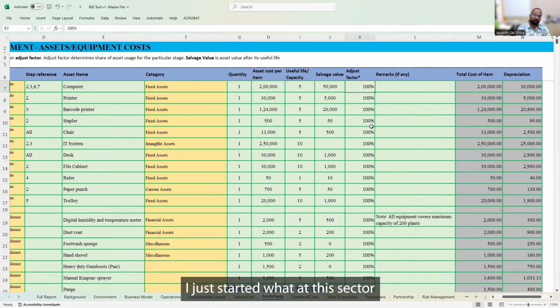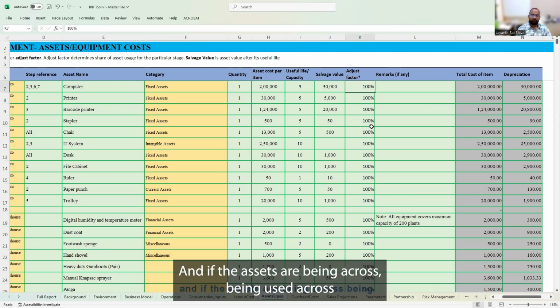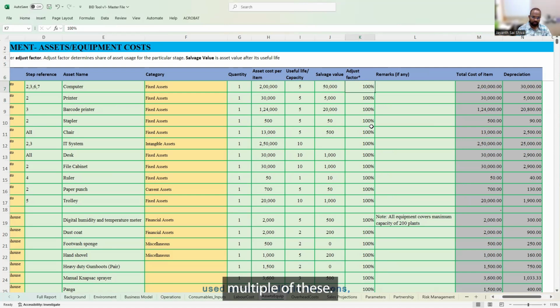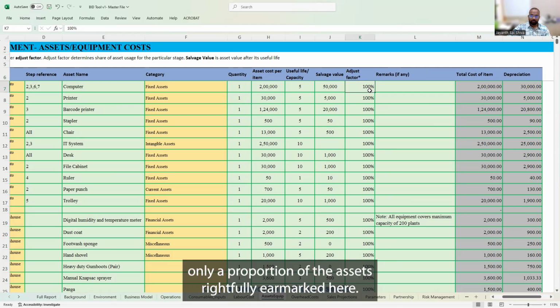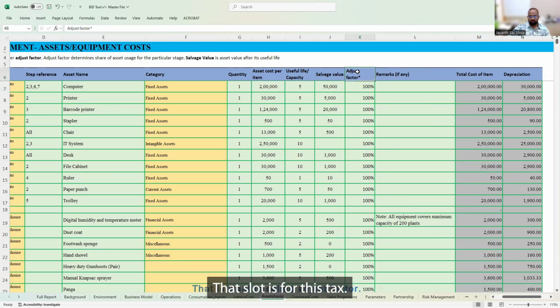What is adjust factor? Basically, there could be multiple divisions in your business. And if the assets are being used across multiple divisions, then you need to make sure only a proportion of the assets are actually earmarked over here. That's what is called adjust factor.